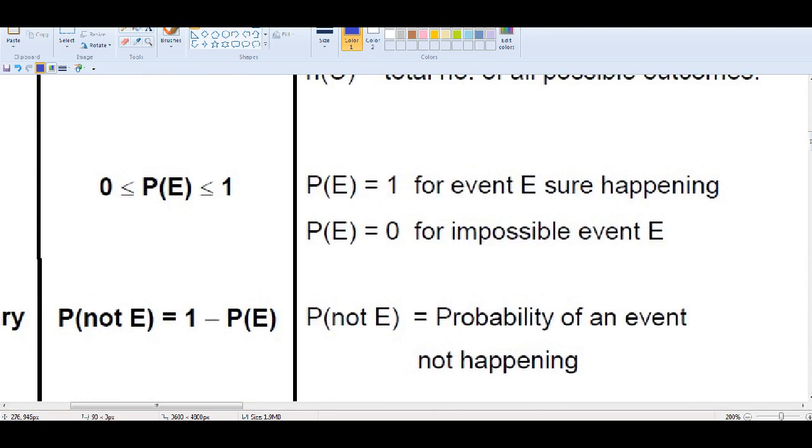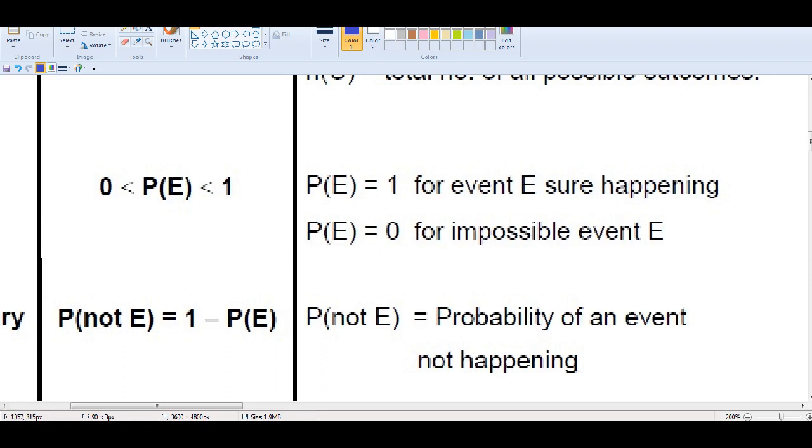You should have learned this possibly in Year 7: the probability of any event is between 0 and 1. There are two extreme cases. If the probability of event E equals 1, that means E is sure to happen, a certainty. If event E has probability 0, it is an impossibility.